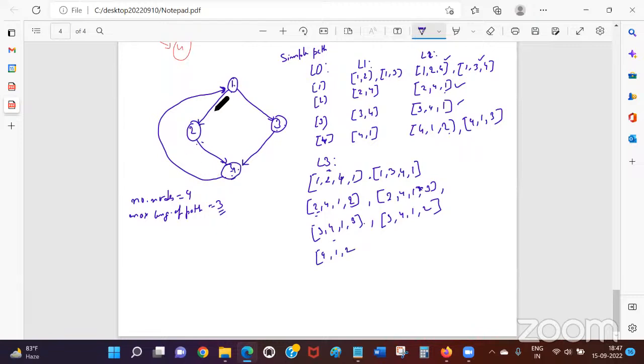If I consider 4, 1, 2, then 4 is repeated. The end vertex repeated, it's fine. 4, 1, 2, 4. So there is no more extension, but 4, 1, 3, 4, right? Length 3.